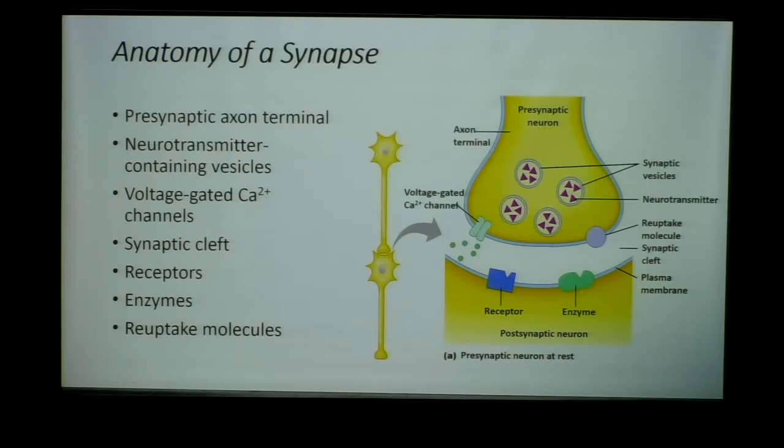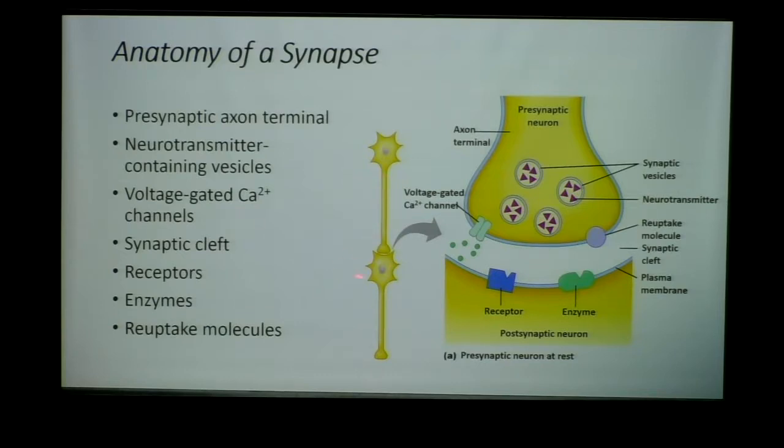So the big picture here, this is our first neuron, this is the second neuron, and we've spoken a lot about the action potential. We talked about graded potentials being observed here, them being summed at the axon hillock, lots of voltage-gated sodium channels along the axon, right, facilitating the propagation of that action potential.